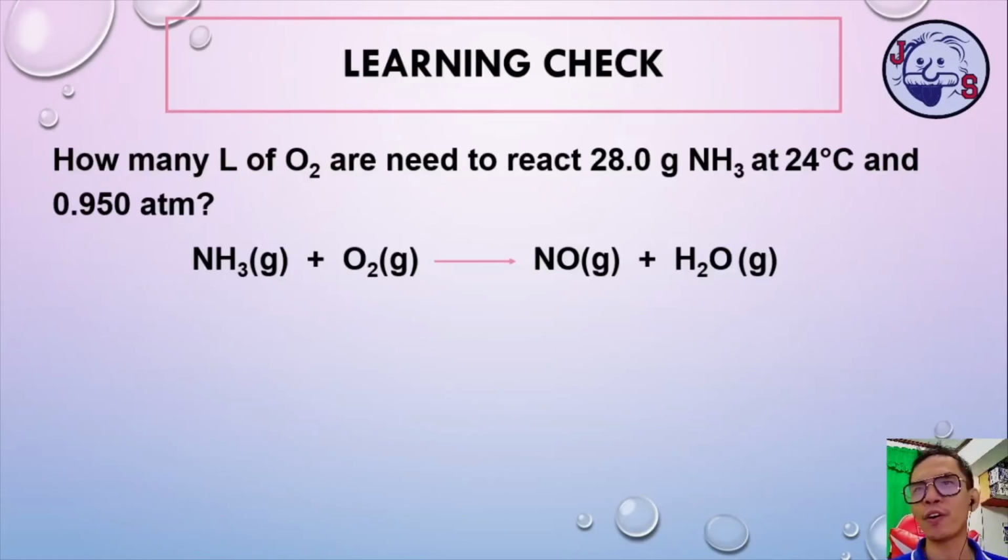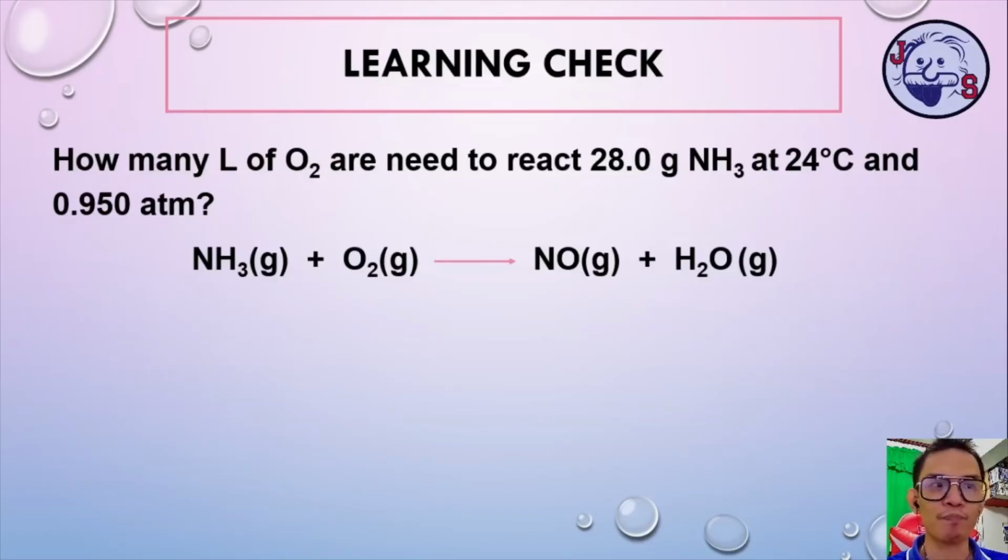With the ideal gas law, we can compute gas stoichiometry problems that are not at STP. Avogadro's law, or the molar volume, is used when the conditions are at STP. But what if the condition is not at STP? We will use the ideal gas law. No problem on that.